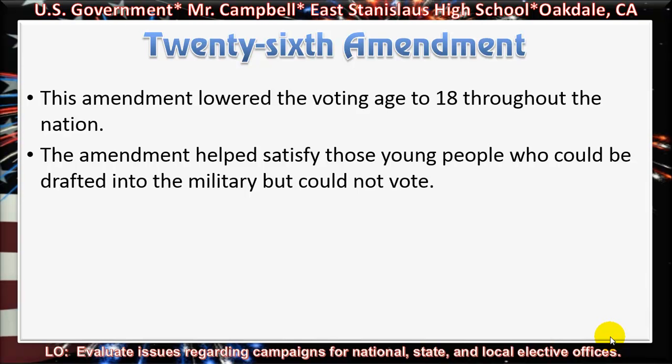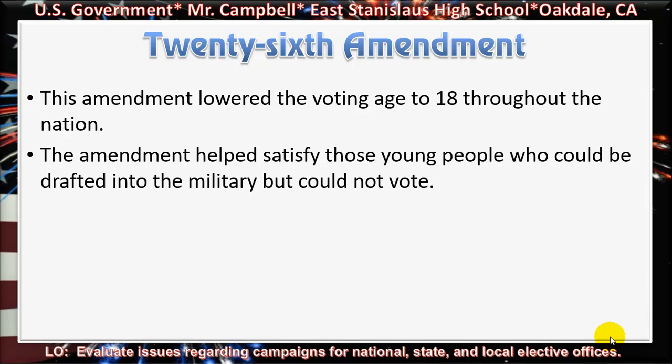This amendment was pushed through because we were drafting young men as young as 18 or 19 into the military, and yet they weren't allowed to vote until they were 21. And there is something very fundamentally wrong with not allowing people to vote and then forcing them to serve their country in a situation that could get them killed.